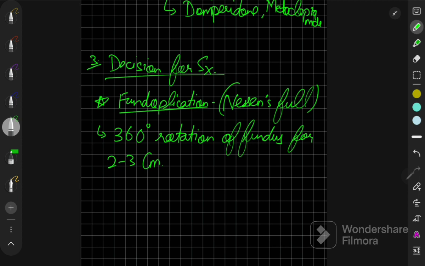Decision of surgery. Fundus is rotated. Nissen: restore 2 to 4 centimeter of intra-abdominal esophagus by reducing the hernia.